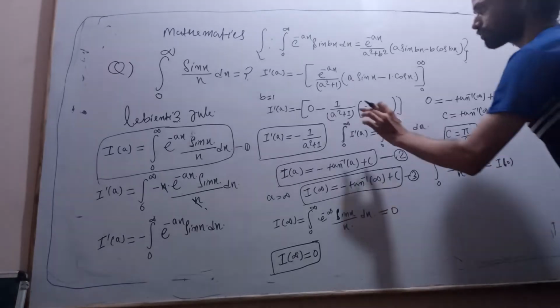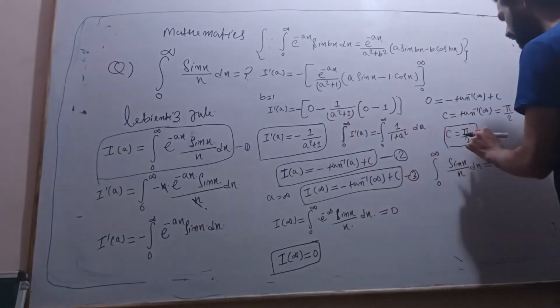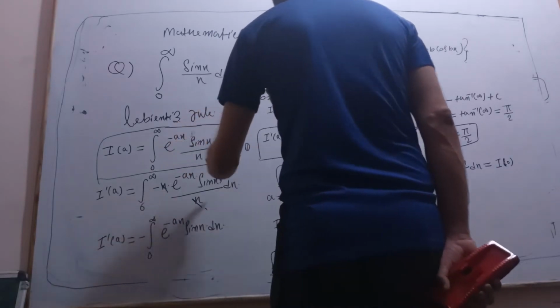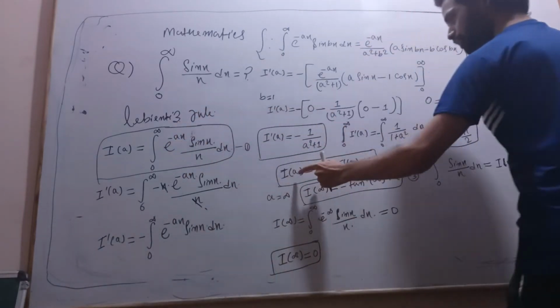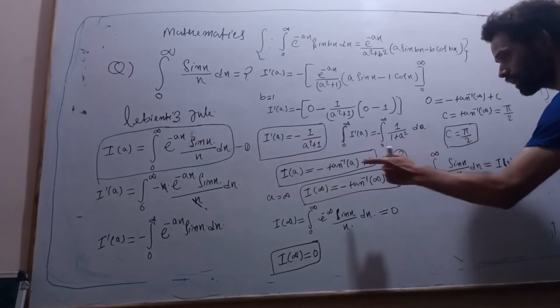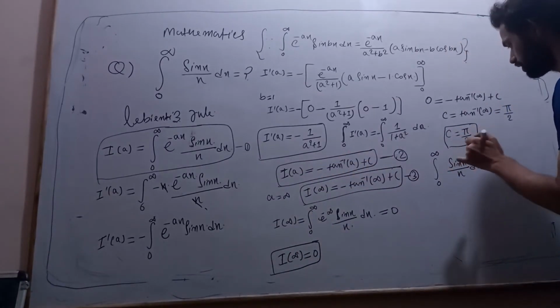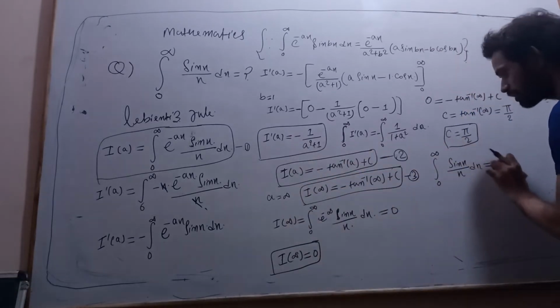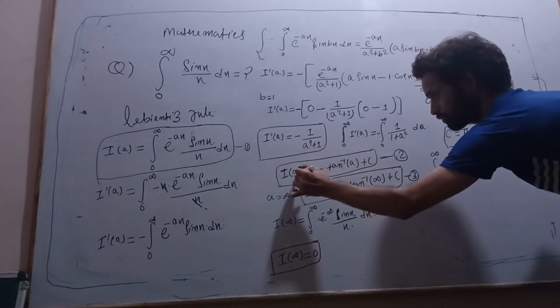Now how will you calculate this I of 0? This is my I of a. Let us put a equal to 0 here.